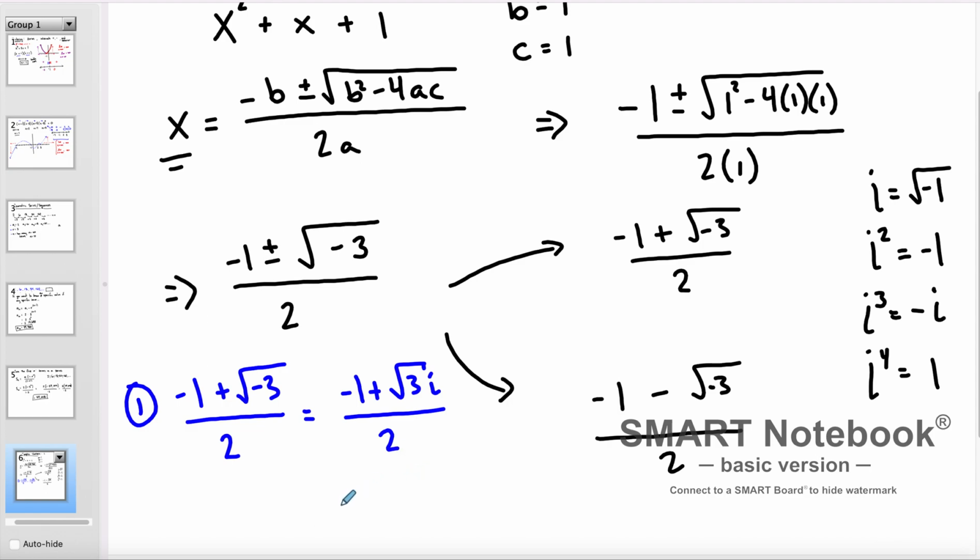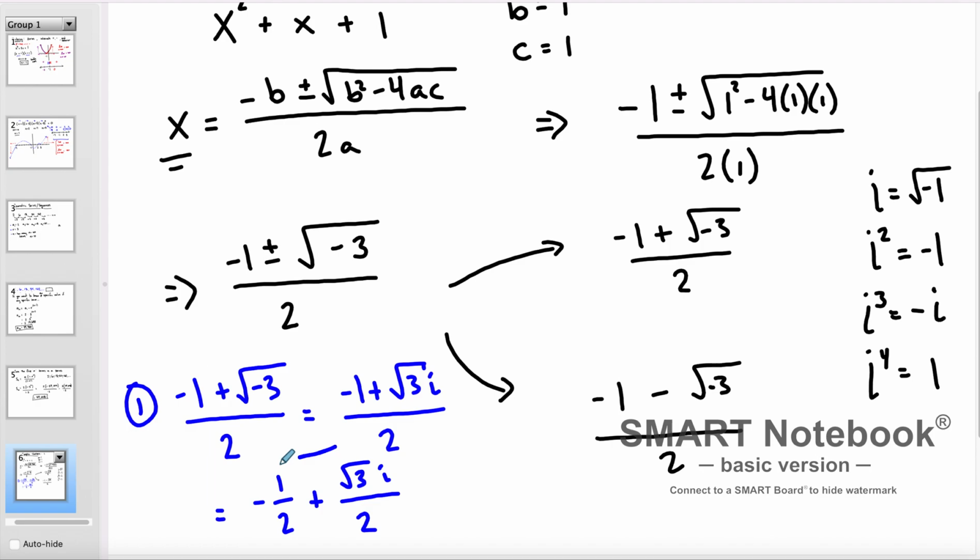Anytime you have a sum or a difference in the numerator and only a single denominator, we can split this fraction. So this is equal to negative 1/2 plus the square root of 3 times i over 2.